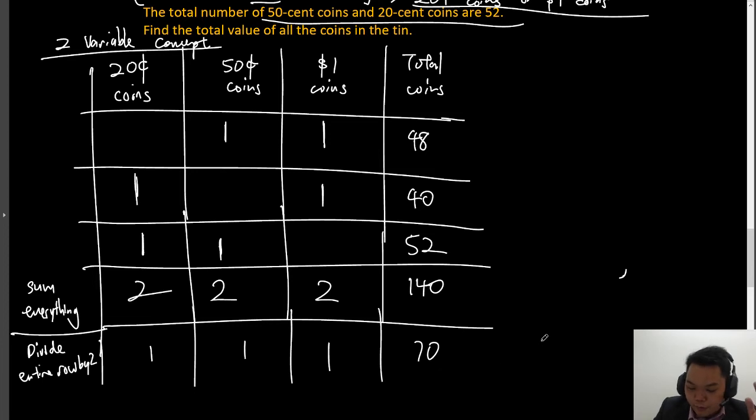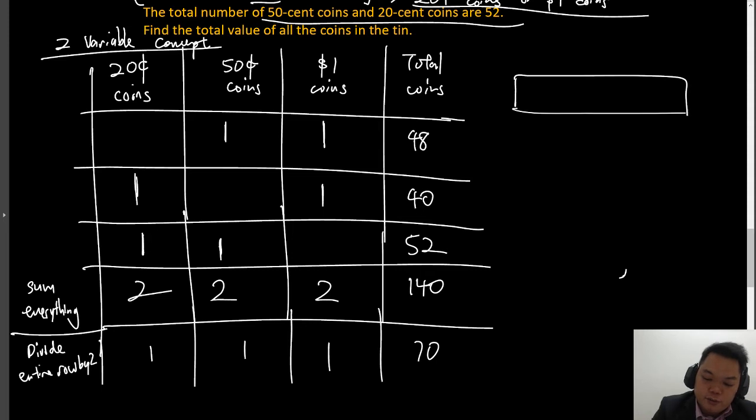Okay, maybe due to time constraint, I don't think I will go through this by the model way. Okay, you would have 1 copy of everything over here. So let's just say that all these represent your number of 20-cent coins, number of 50-cent coins, number of $1 coins.